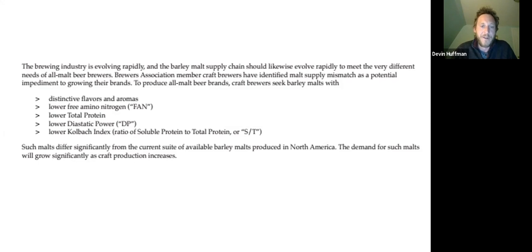But in general, there is more balanced malt chemistry with respect to all grain brewing, because at larger scales it's more common in Europe to be using all malt as opposed to high adjunct brewing. So we were looking at those European varieties to try to meet these key points that were identified for the North American craft industry.